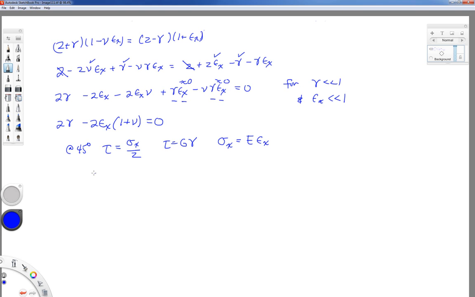So I'm going to replace some of these terms. Instead of having gamma, I'm going to have tau over G. Over on the right-hand side, I have 2 epsilon x, but that's 2 sigma x over E times the quantity 1 plus nu. At 45 degrees, tau is equal to, well, I guess we cancel out those 2's. Tau is equal to sigma x over 2.